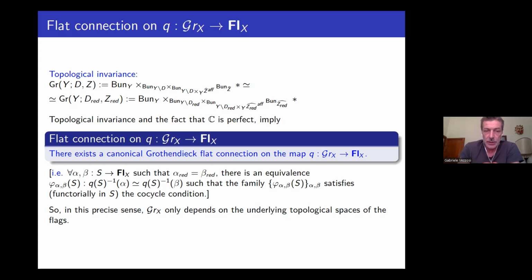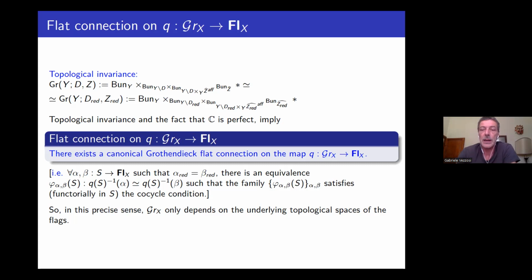I just wrote down what a Grothendieck connection is in this case. So this might explain the probably obscure remark I made at the beginning, that in this precise sense, the flag Grassmannian of X doesn't depend on the scheme structure.